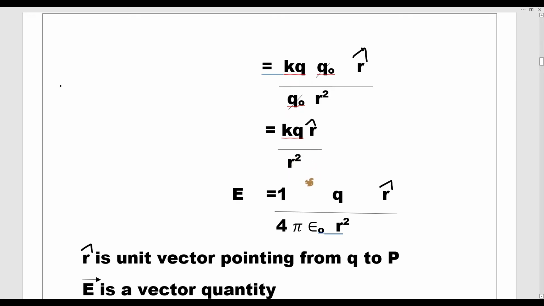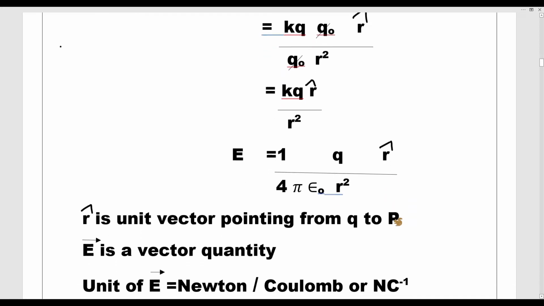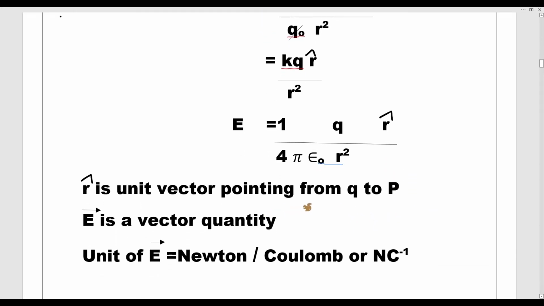That is equal to 1 by 4 pi epsilon naught into Q by R square into R unit. Here we know that R unit is the unit vector pointing from Q to the point P, and E vector is a vector quantity and the unit of E vector is Newton per Coulomb, or we can write NC minus 1.